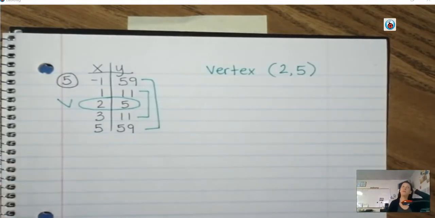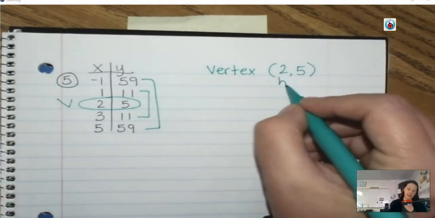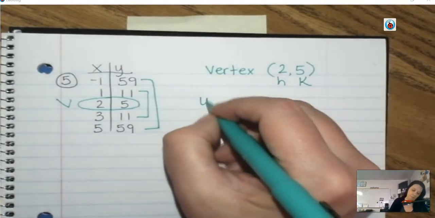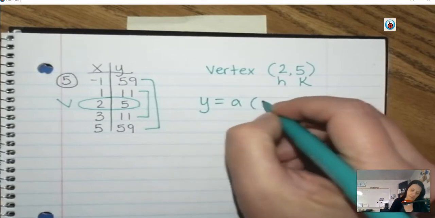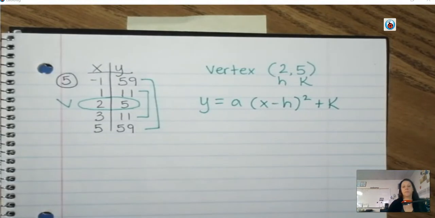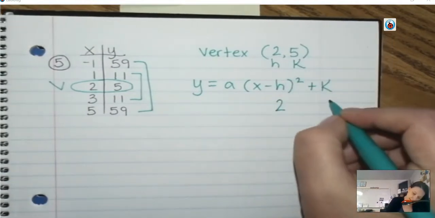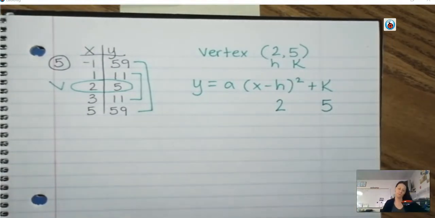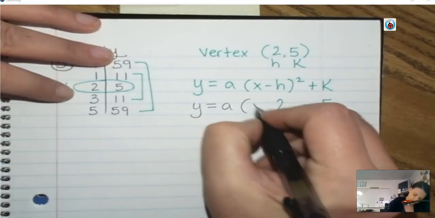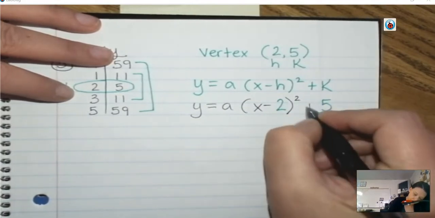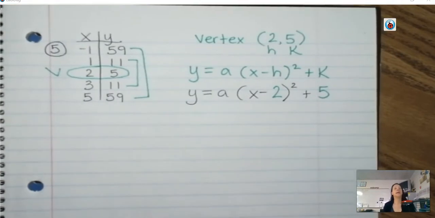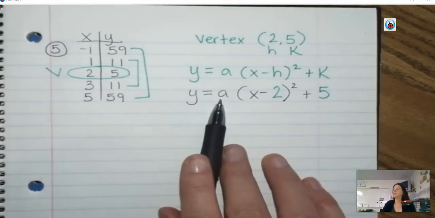When we write it in vertex form, the vertex is at h, k. K is 5. Next, I need to figure out what the A value stands for.